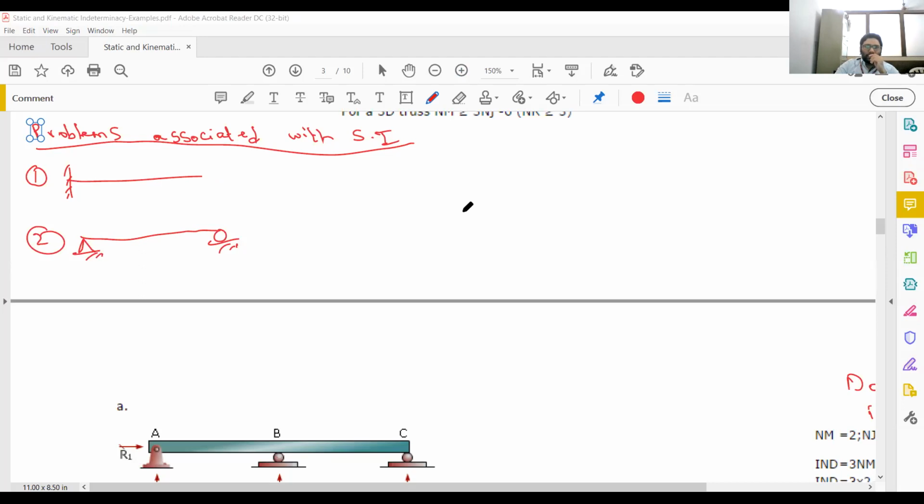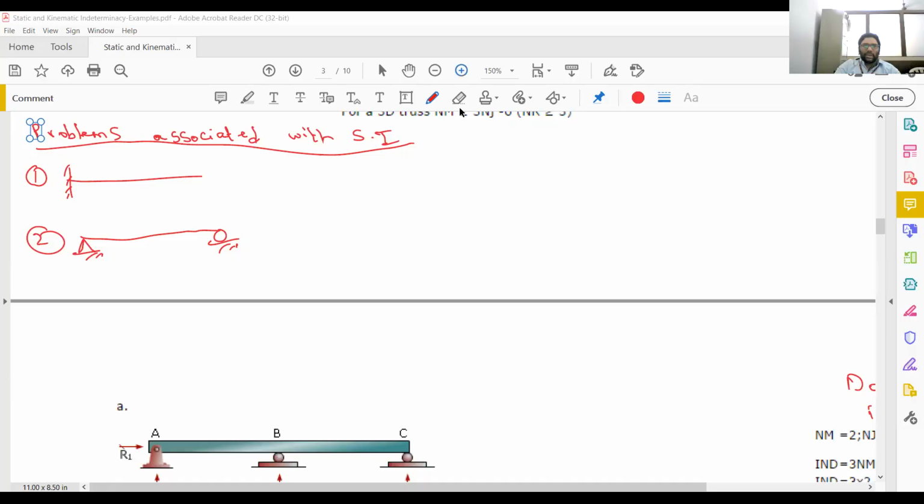Yes, simply supported, correct. So cantilever, simply supported beam. Now all of you see what type of support is here for the first beam. For the first beam, what is this support? Fixed. Very good. And this end is free.